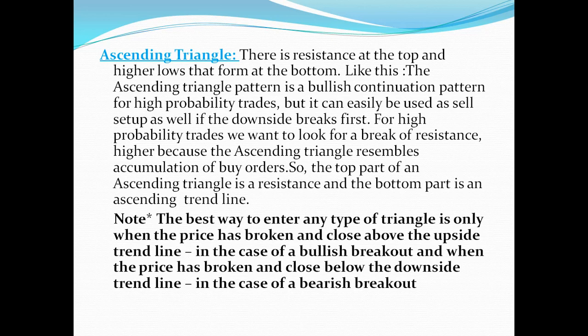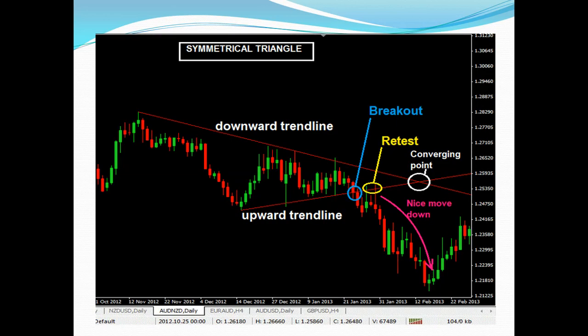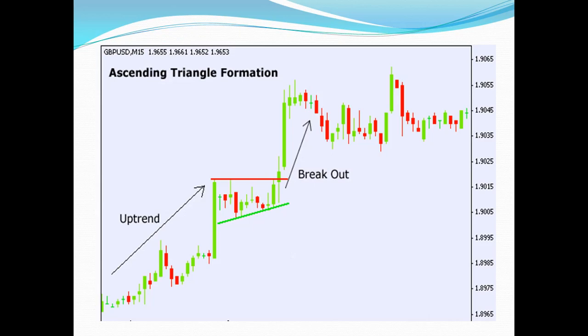The top of the ascending triangle pattern is resistance and the bottom is the ascending trend line. You can see here, so you can correlate the same. This is the trend line and this is the resistance, and it is breaking out.